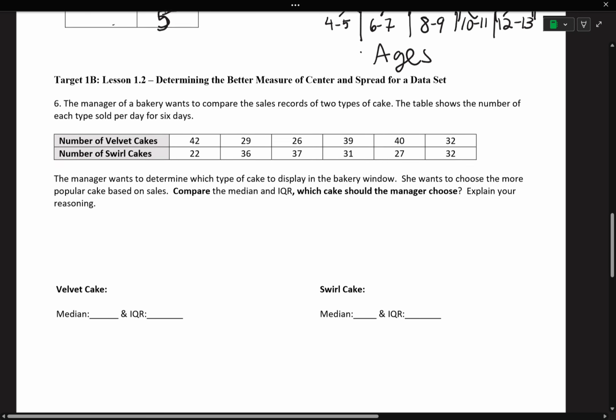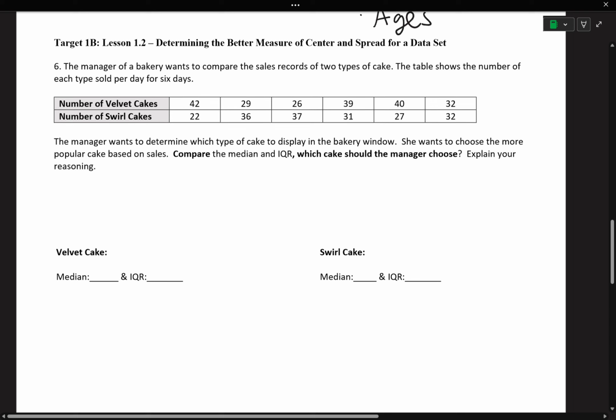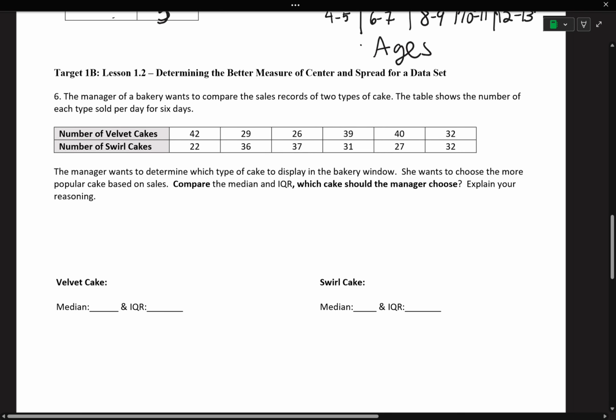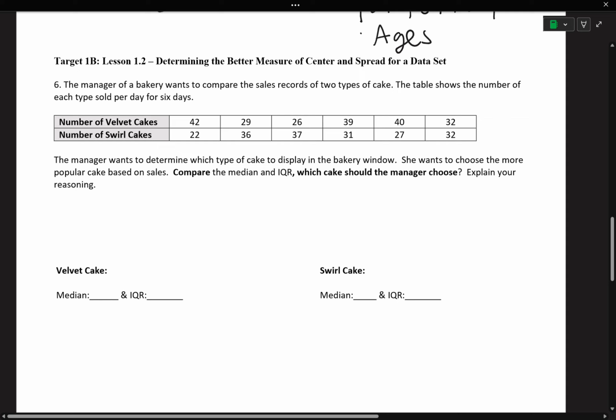The manager of a bakery wants to compare the sales records of 2 types of cake. The table shows the number of each type sold per day for 6 days. Velvet and swirl cake.